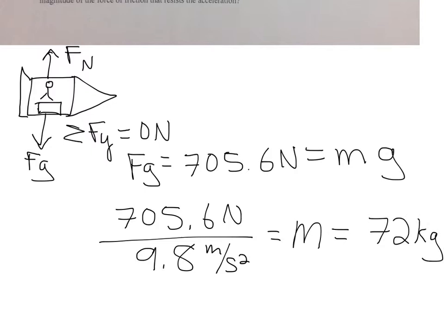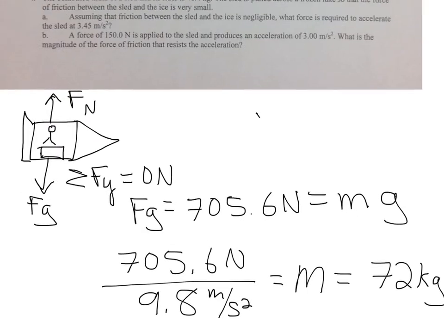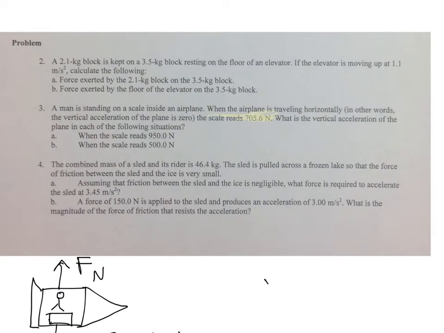Once you have that piece of information, then you have to go back to the problem and remember, okay, what is the scale reading when we're accelerating at different rates? Some of the information about the acceleration that they give you is that when the scale is reading 950, we want to look at that.